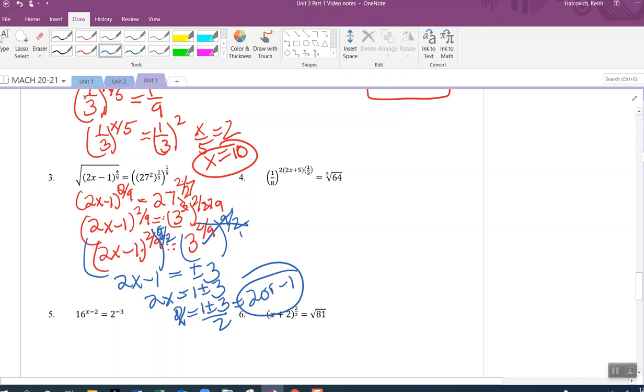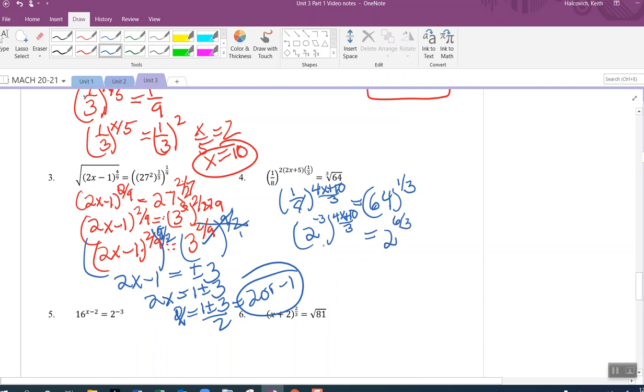All right, the next one, we get 1/8 to the 4x plus 10 over 3 power, and that's equal to 64 to the 1/3. I'm going to make them powers of 2, so it's 2 to the -3rd to the 4x plus 10 over 3 equals 2 to the 6/3.